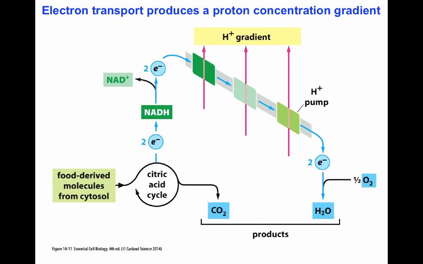And as those molecules are passing the electrons in subsequent redox reactions, they're going to eventually be able to transport protons from the matrix of the mitochondria into the intermembrane space, generating a proton gradient.